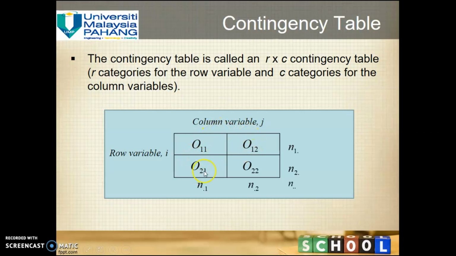Second row, first column gives O21. Second row, second column gives O22. Then there is the summation value N_i dot, similar to one-way and two-way ANOVA. N_i dot is the summation of the row, where the dot means summation.